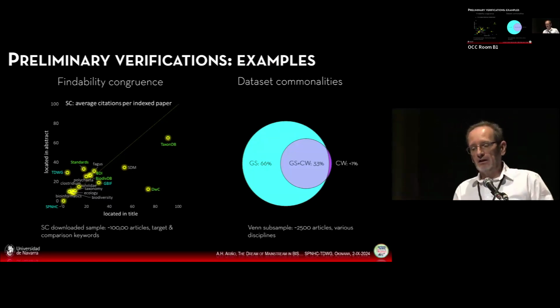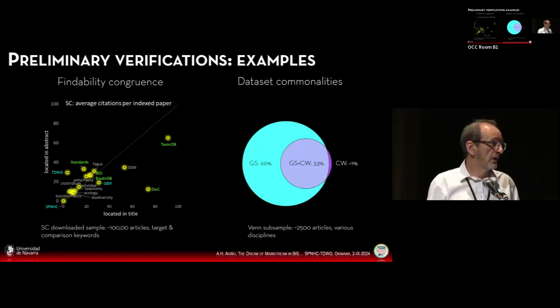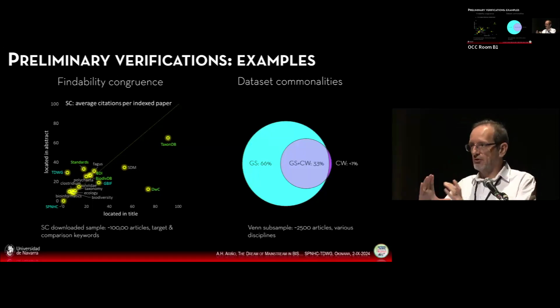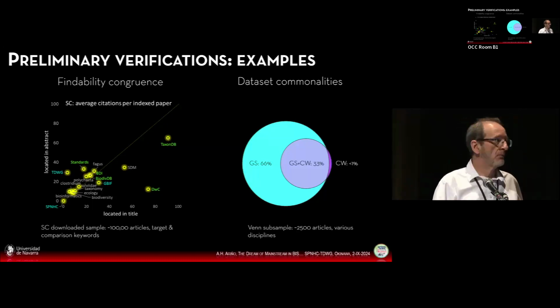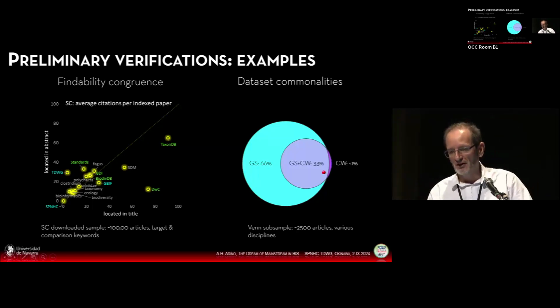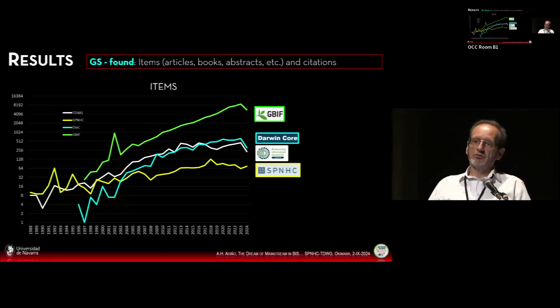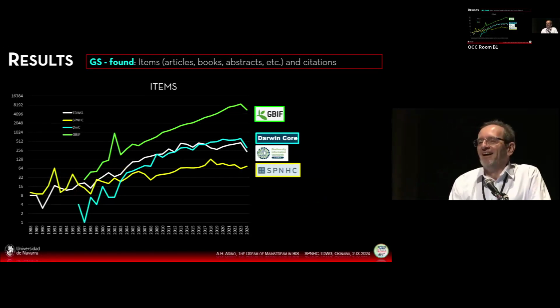Basically the searches were consistent, and also, as we all suspected, any search within Web of Science or Scopus only will retrieve a small subset of the entire thing. Google Scholar will retrieve most, but not all. There are some tiny regions of exclusivity of one or the other. But anyway, after those quality checks, let's go to the results, which is what is important for you and for me.